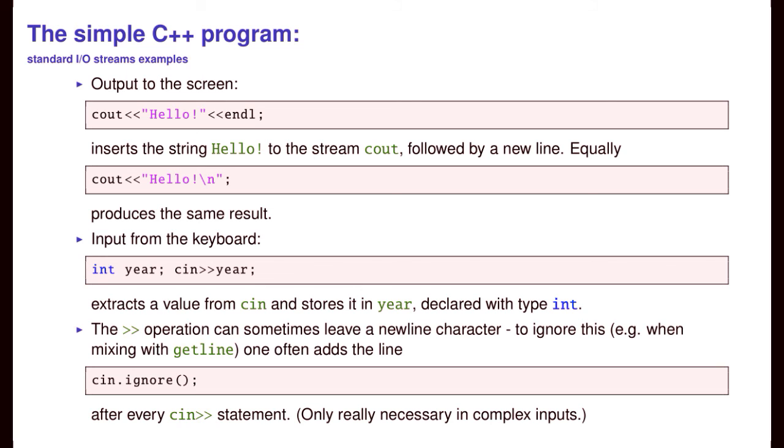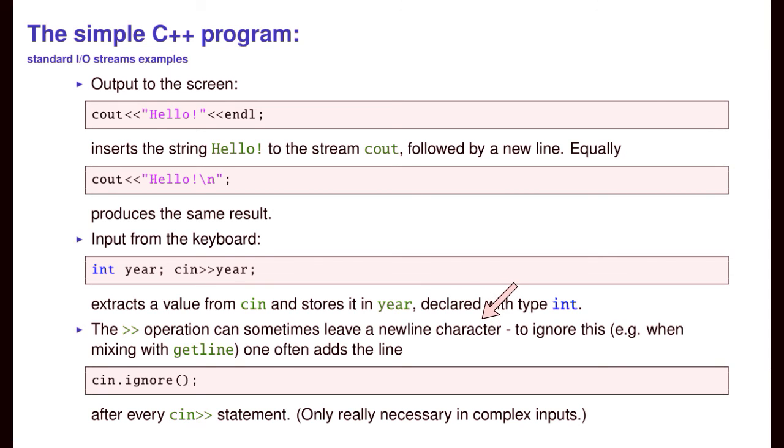Input from the keyboard, for example, you could do by declaring a variable int year, then say cin extract to year, and essentially that extracts the year from the input and stores it into year, which is declared with a type integer. That operation can sometimes leave a new line character.